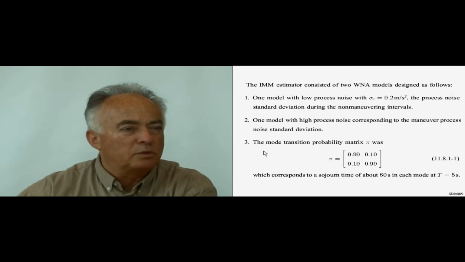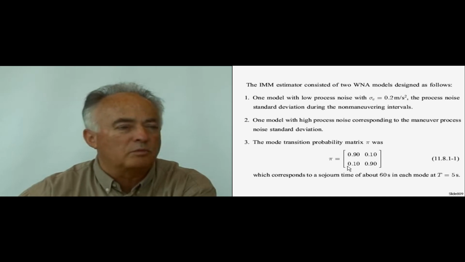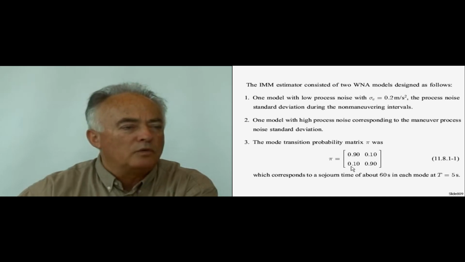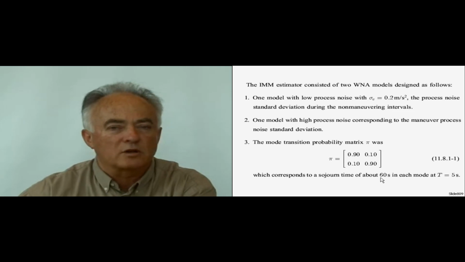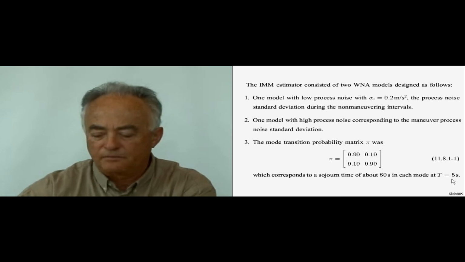And the mode transition probabilities were 0.9 to stay not maneuvering, 0.1 to start to maneuver, and if it maneuvers, continues with 0.9 and gets out of it with 0.1. These correspond to a sojourn time of about 60 seconds, which is what the problem had, based on the 5-second sampling interval.